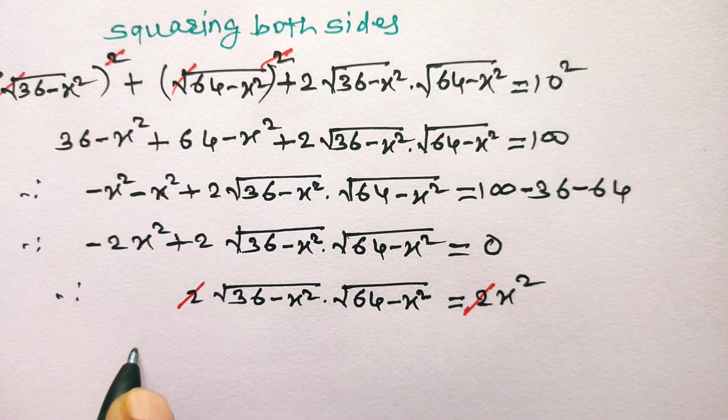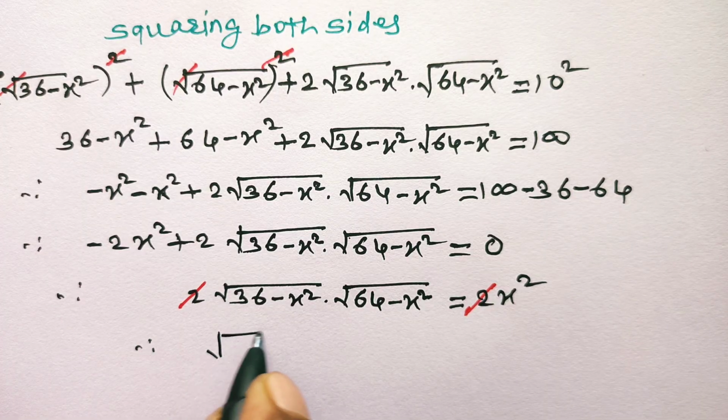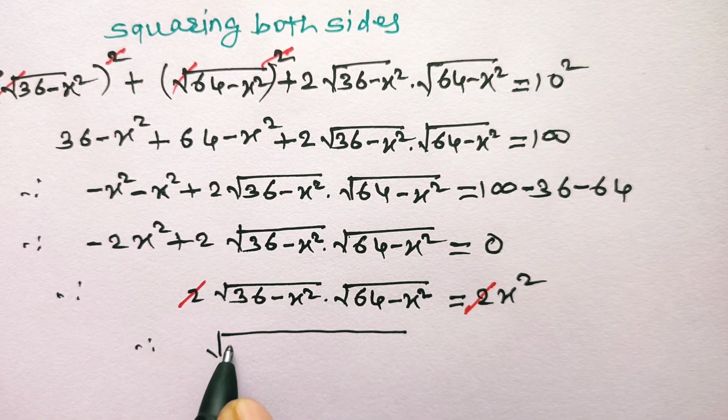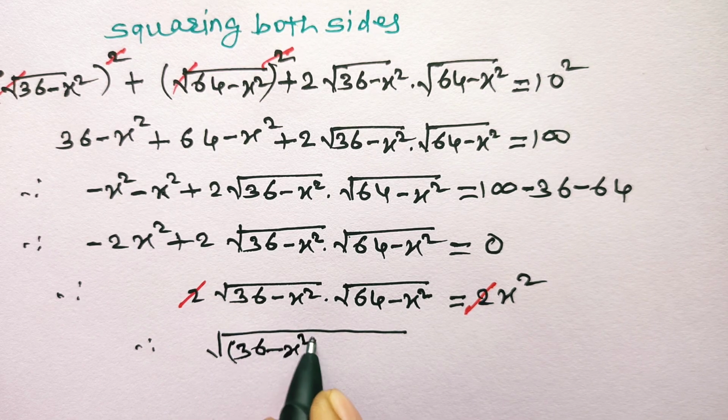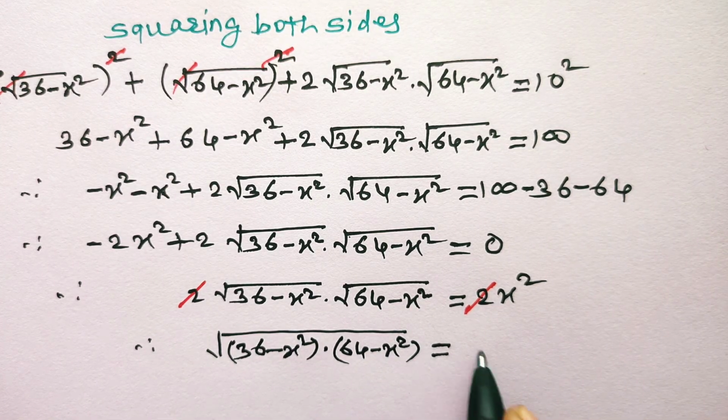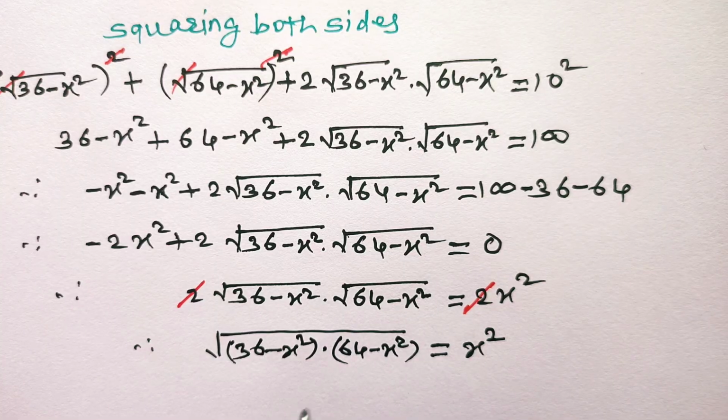Hence we can write square root of, taking multiplication of these two square roots, 36 minus x square into 64 minus x square, this is equal to x square.